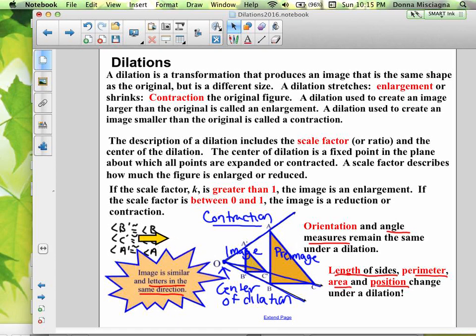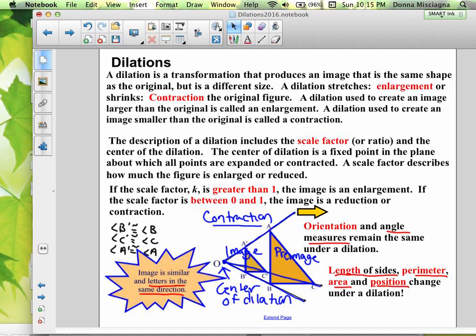So here we know that angle B prime is congruent to angle B. Angle C prime is congruent to angle C, and angle A prime is congruent to angle A. All your sides are a certain percent larger or smaller, depending on whether the dilation is an enlargement or a contraction. Some things stay the same under a dilation, and some things change.